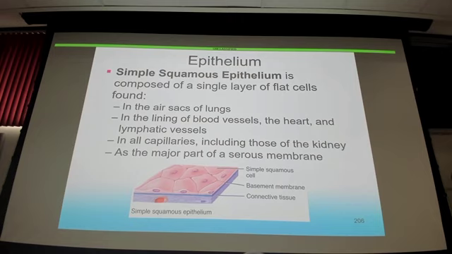You have one layer of squamous cells, and you're going to find them in your lungs and blood vessels. I didn't list where we find them on every slide, because at the end of these tissues, I'm going to show you a picture of a person that lists the basic areas you might find a certain type, and that's the part I want you to know when you're looking for where they're at.